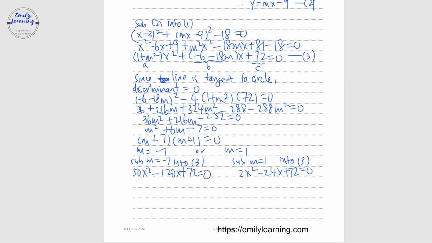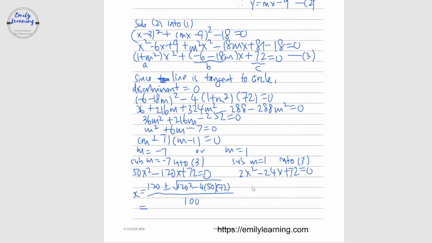I will find what x is. Let's solve for this one first. Because it's too complicated, I will simply use x equals minus b plus or minus square root of b squared minus 4ac, over 2a, to solve for x. It makes it a lot easier.